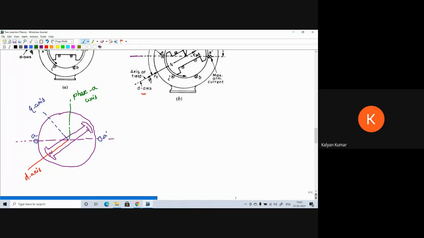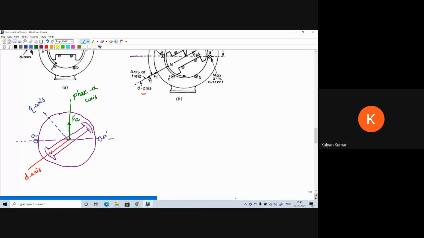Now the coil sides A and A dash are having maximum current. Therefore, the armature flux and the armature MMF will act along the phase A axis. So the armature MMF, whatever the MMF created by armature flux, will act along the phase A axis.